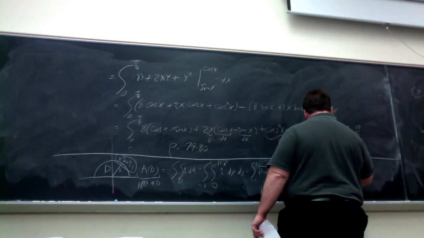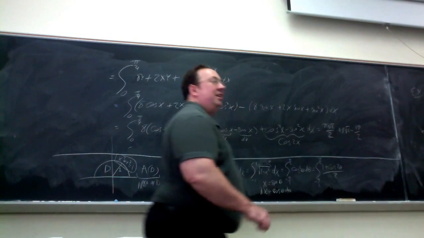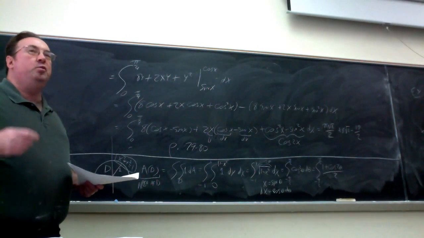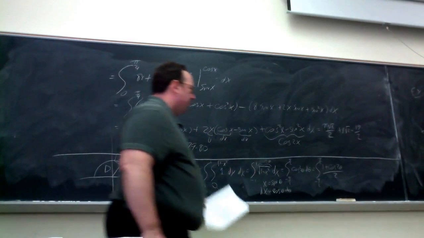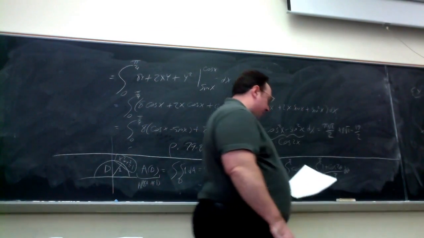Okay, probably wasted a few seconds of class time there, but it's 1 plus cosine 2 theta over 2. And if it was sine squared, it would be 1 minus cosine 2 theta over 2. Finally, this can be done. You can integrate these directly.